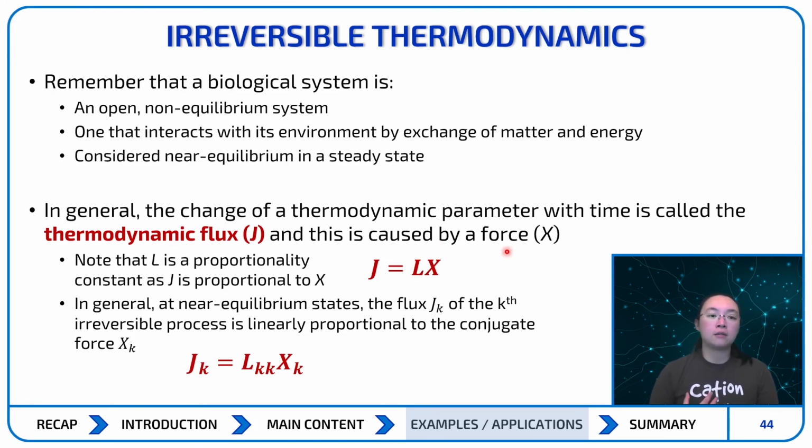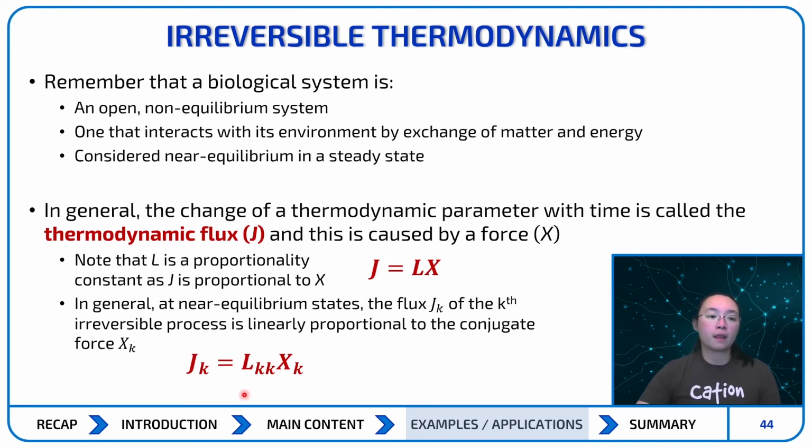And in terms of what systems we look at, we have to be able to define L differently. So in general, at near equilibrium states, the flux Jk of the kth irreversible process is linearly proportional to the conjugate force Xk. It might be a little bit complicated to explain.